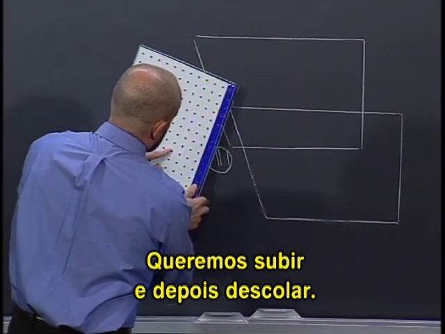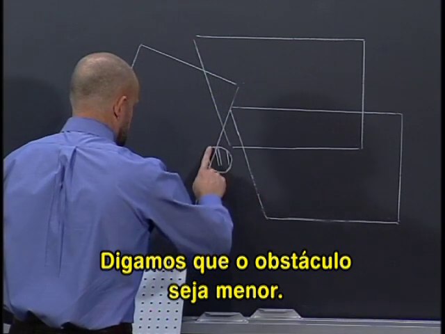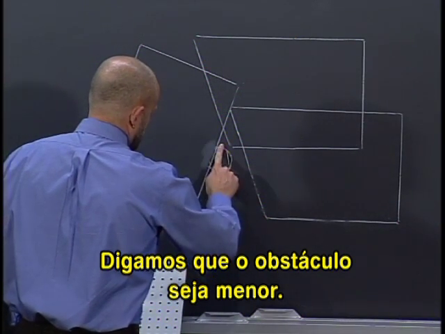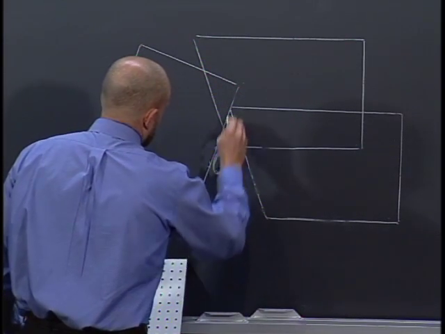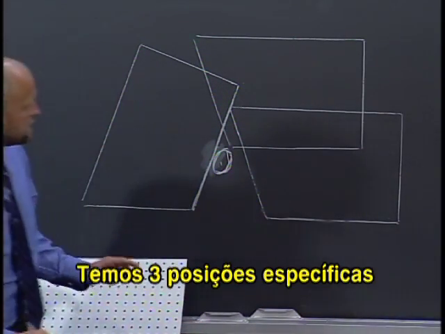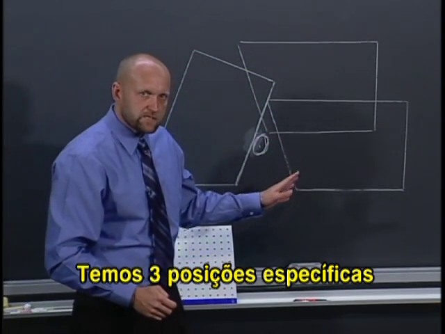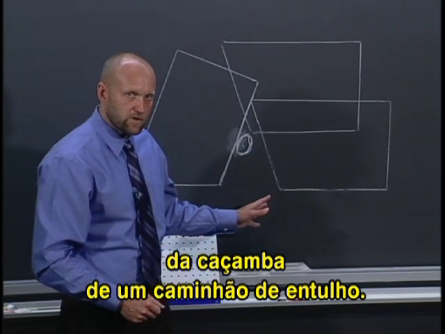We want it to move up and over. Actually, let's say that the obstacle is a little smaller than what I had envisioned. It's just there. So what we have is 3 specified positions of the bed of a dump truck.